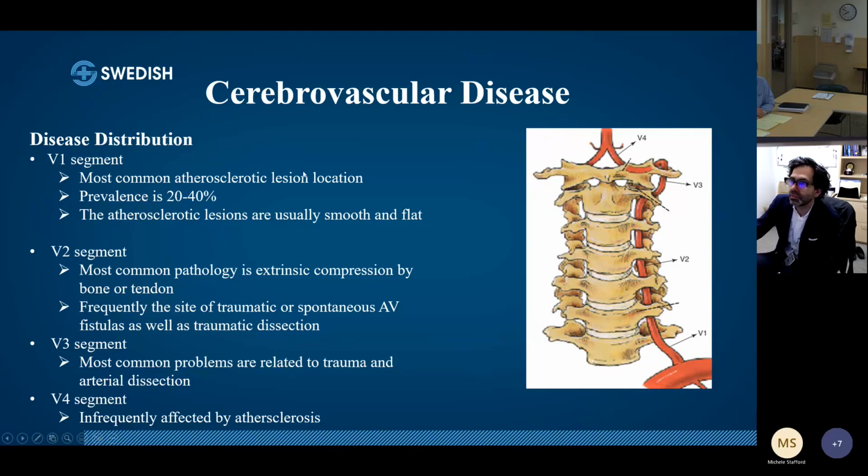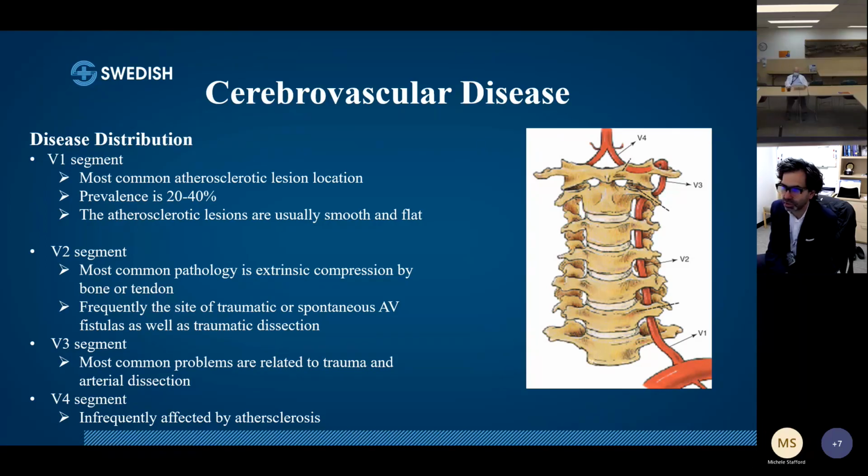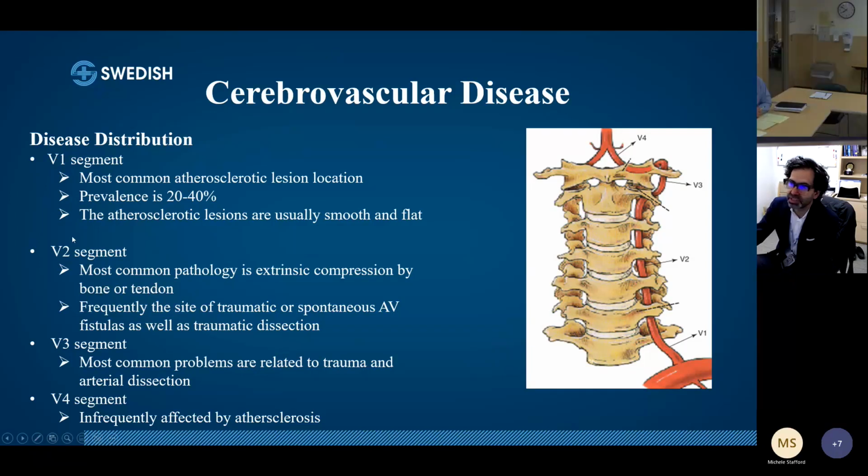The V1 segment, which is generally where they're telling you the stenosis is located, is the most common place for atherosclerosis to develop, in 20 to 40% of patients. Lesions are usually smooth and flat and don't look like or function the same as atherosclerotic plaque in the carotids. V2 generally doesn't develop plaque, but this is the area where you should be evaluating with ultrasound.